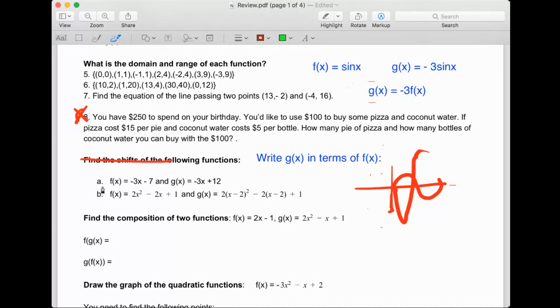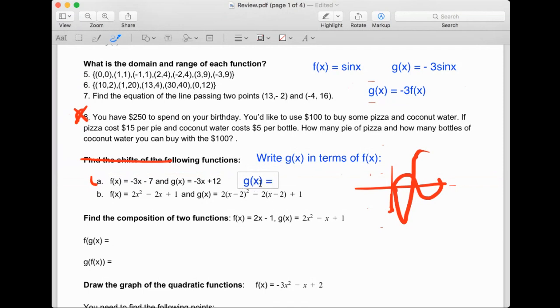Okay, now let's go back to A and B. So let's say A, f of x equals negative 3x minus 7, and g of x equals negative 3x plus 12. Let's see how we can write g in terms of f.